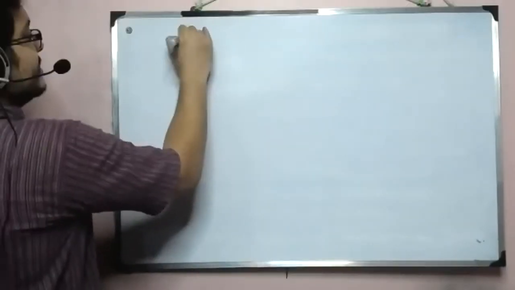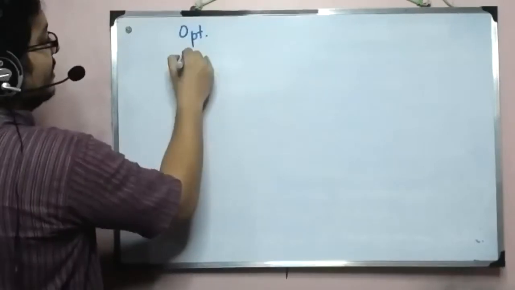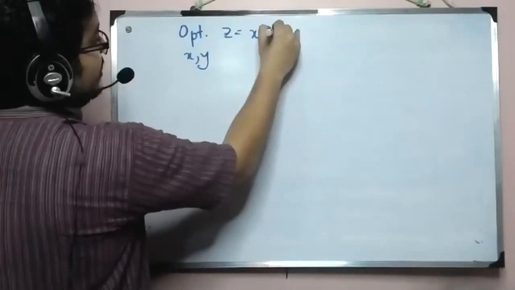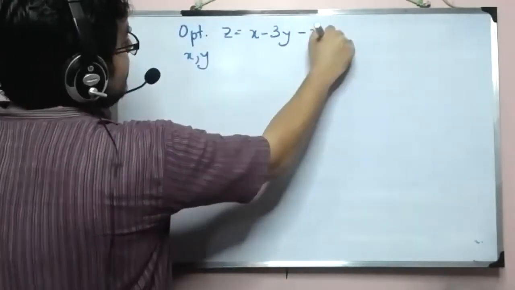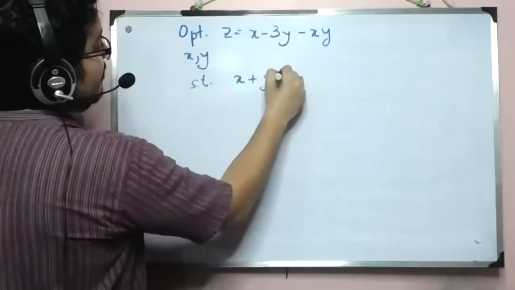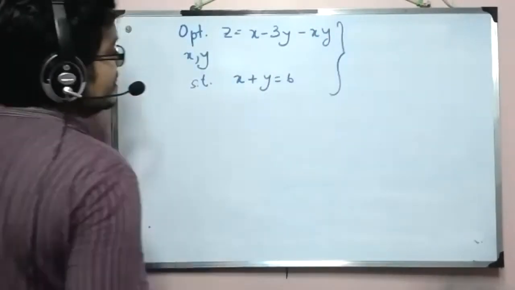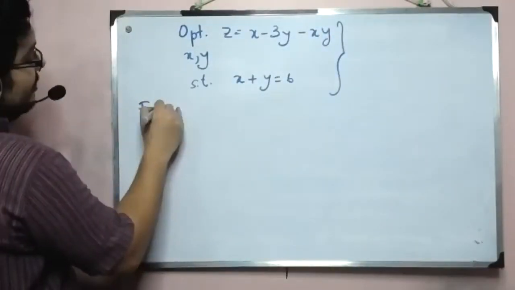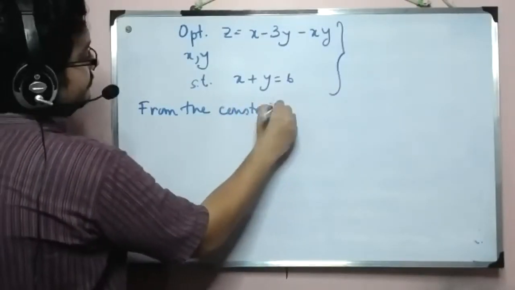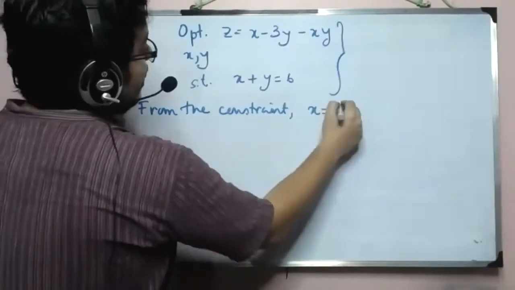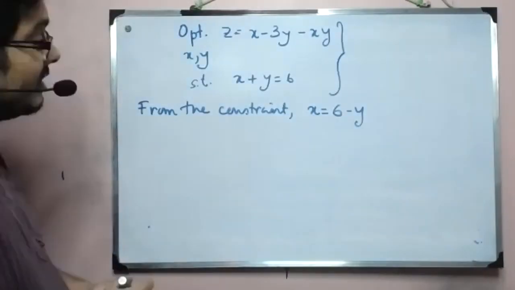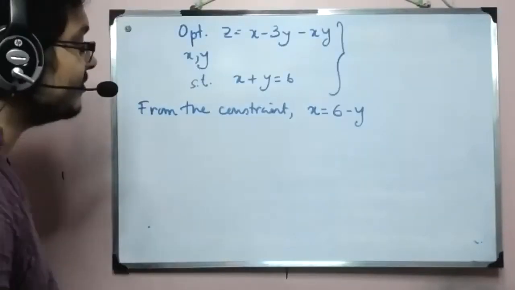So our problem is to optimize z equal to x minus 3y minus xy, subject to x plus y equal to 6. Now this is very easy. From the constraint, I am choosing to express x equal to 6 minus y. You can do otherwise; there is no problem in it.